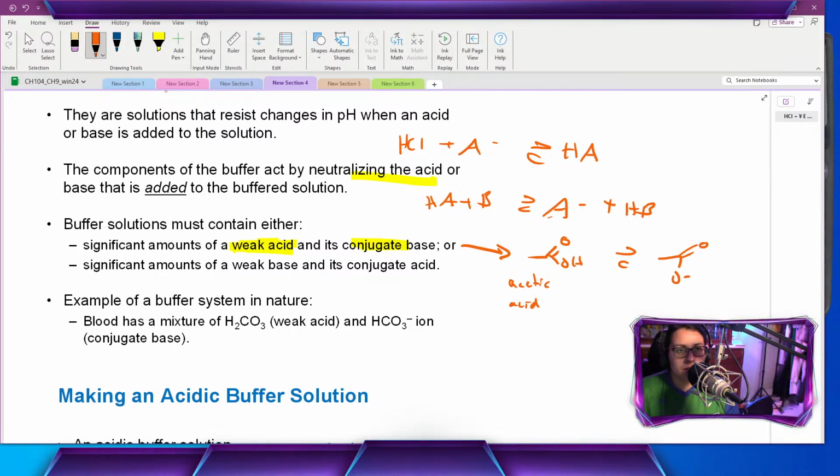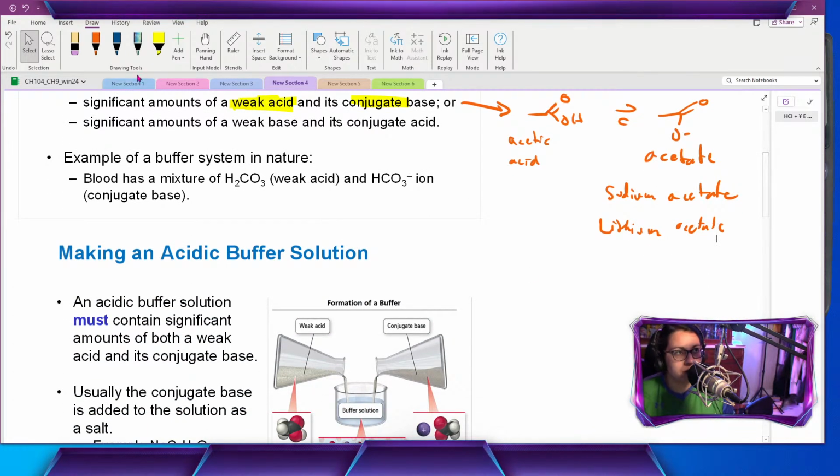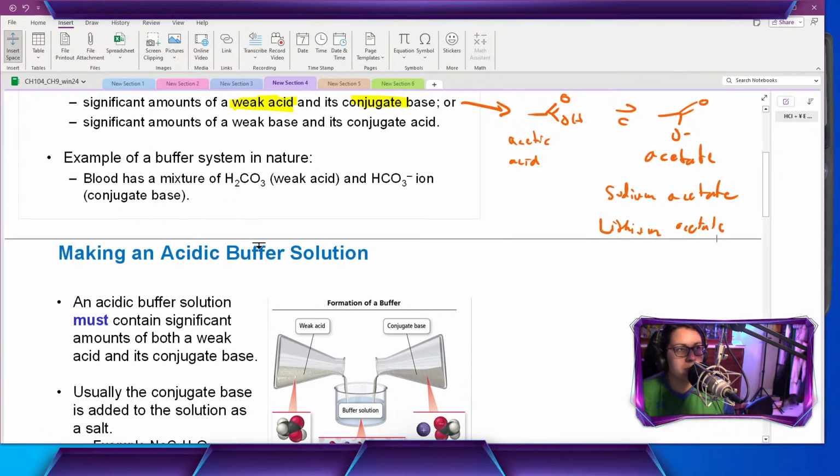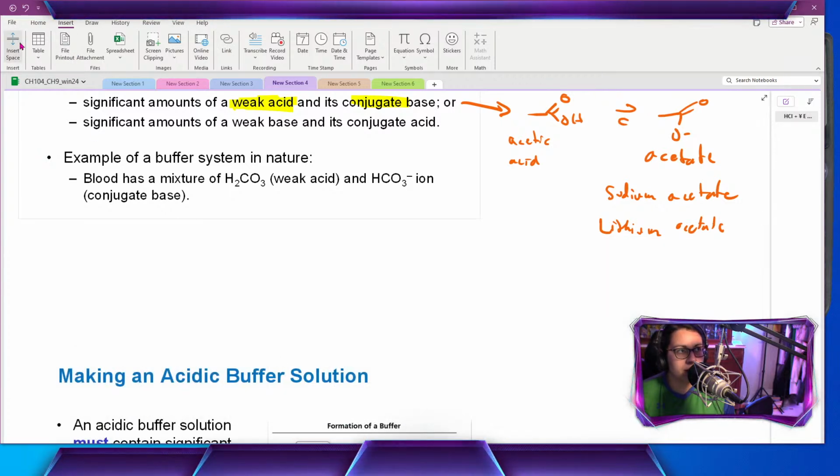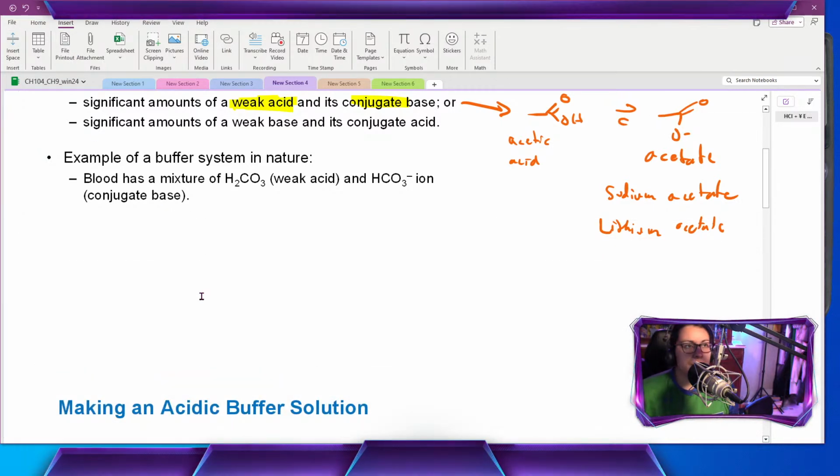And so this is acetate now, or acetate ion. And so we could pick any acetate ion for its conjugate base. So we could pick sodium acetate, lithium acetate, potassium acetate. So you'd probably just pick the cheapest, which I would assume is sodium, but I would have to look, be sure. Or let's look at the other combination, or you could have the base, a weak base, and its conjugate acid.